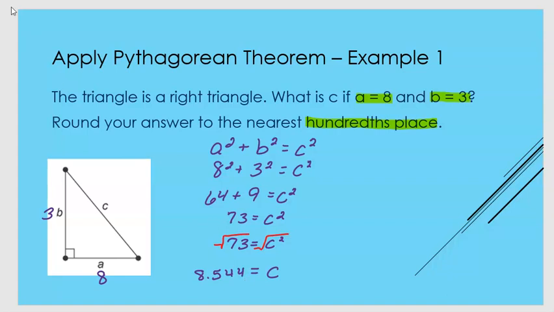The number that's in the hundredths position is this first 4. Right behind it, a 4 does not meet my rounding rule to move, so that one will simply disappear. What I will end up with is that C will equal 8.54. So I labeled my diagram based on the information given to me in the problem.